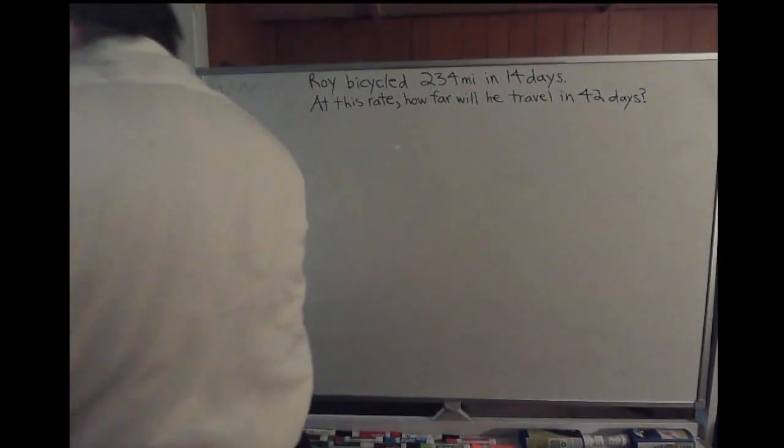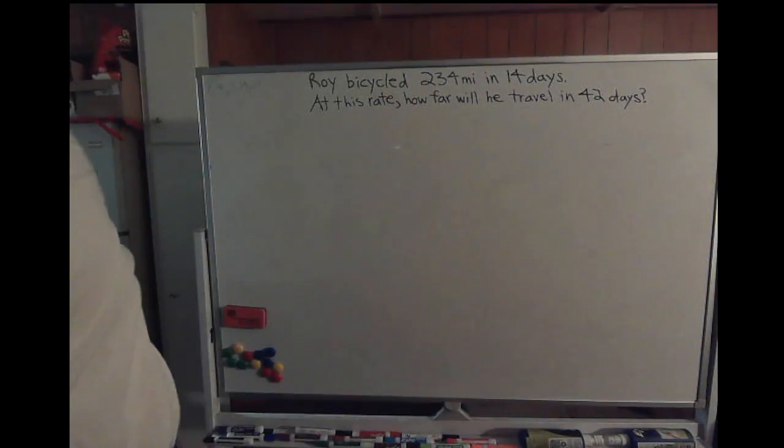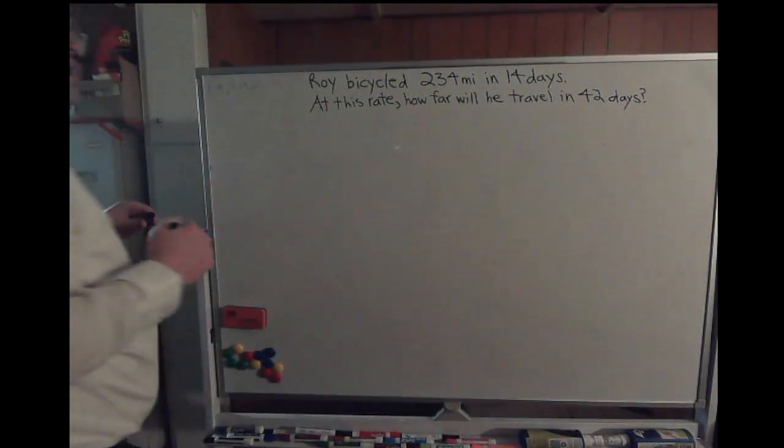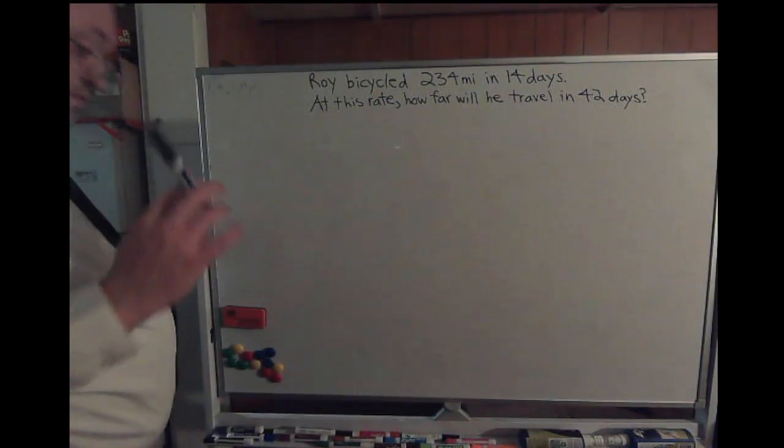Alright, so Roy bicycled 234 miles in 14 days. At this rate, how far will he travel in 42 days?